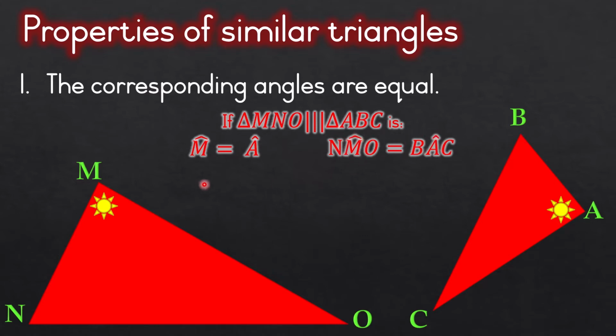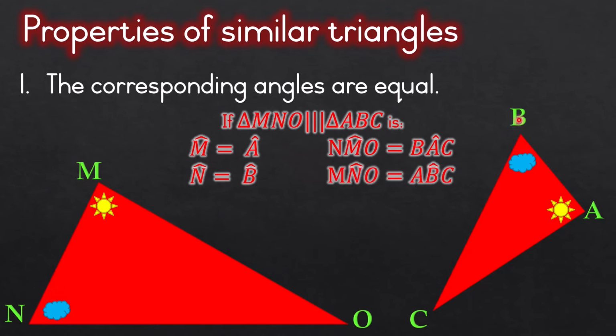The next one we look at is N. This angle N is equal to that angle B. So we write it as angle N is equal to angle B, or we write it in terms of the sides as well. N falls between M and O, or O and M. You can write it both ways as long as N is in the middle.